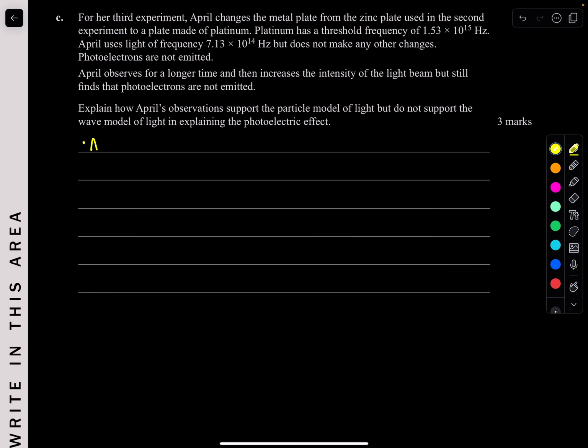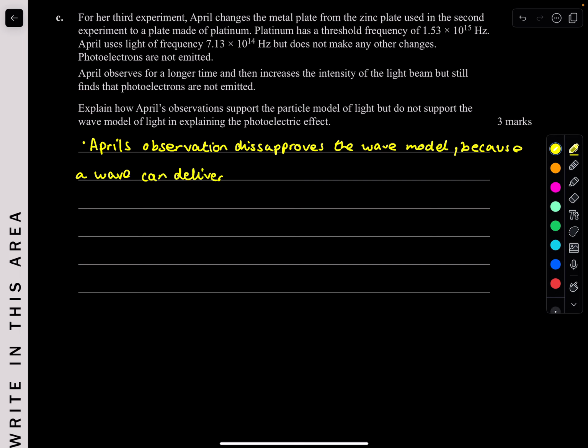So we're going to say April's observation disproves, as we said, the wave model. Because a wave can deliver energy continuously to an electron, absorbing it.